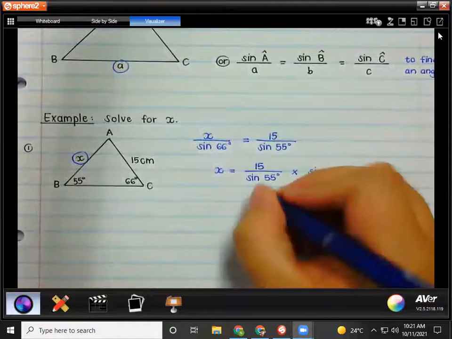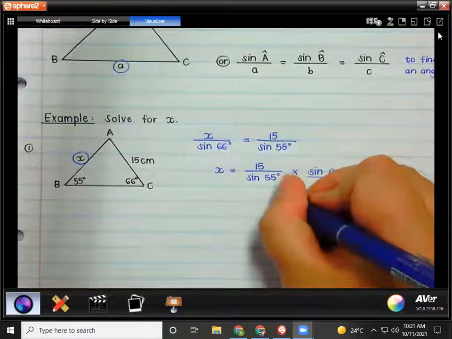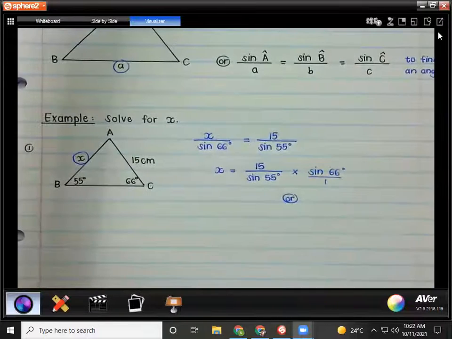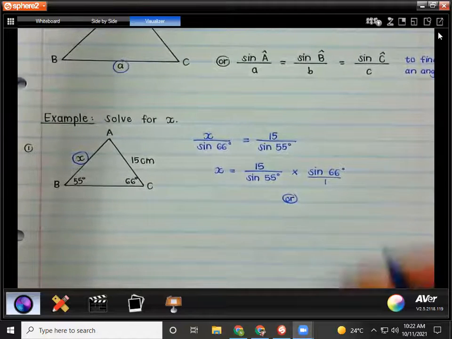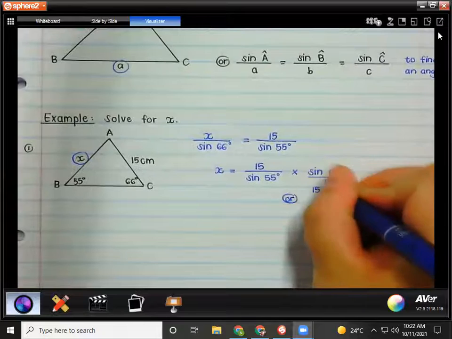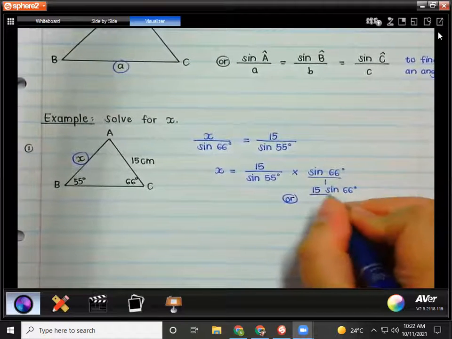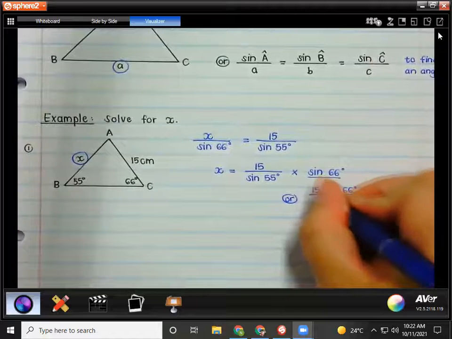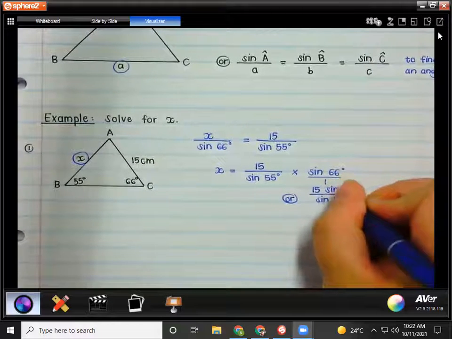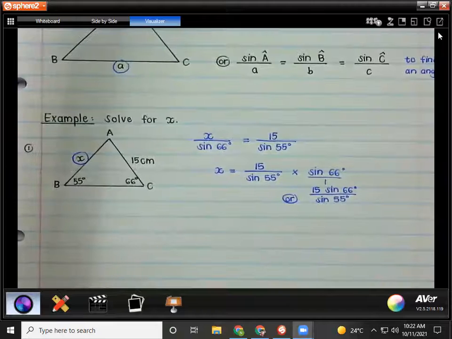It's fine if you write it like this, but later on when we work with variables only, with no values, it will be better to write it like this: 15 sine 66 over sine 55. We understand that those two are the same.